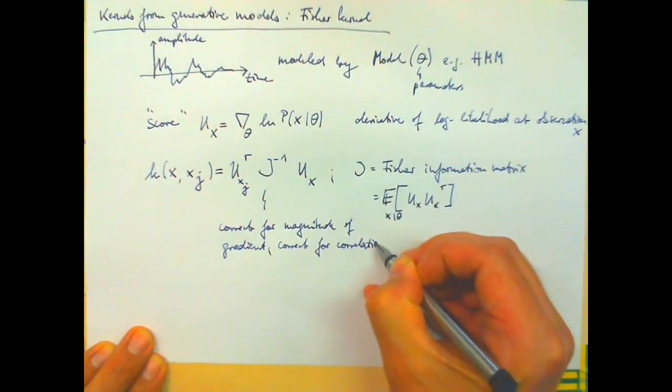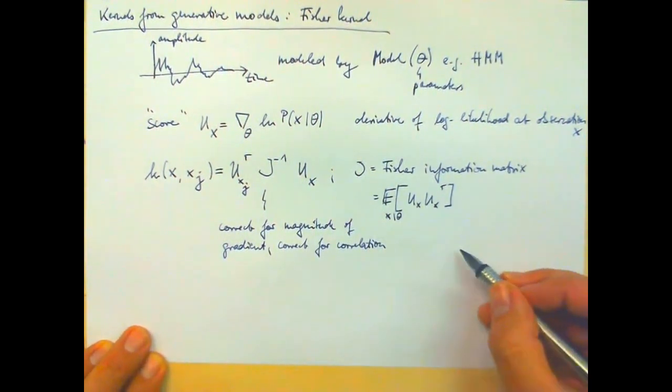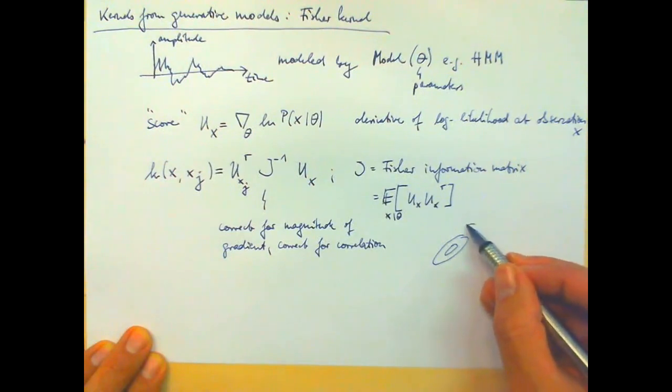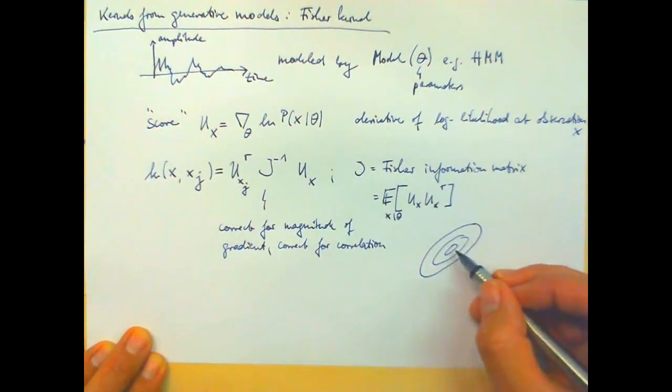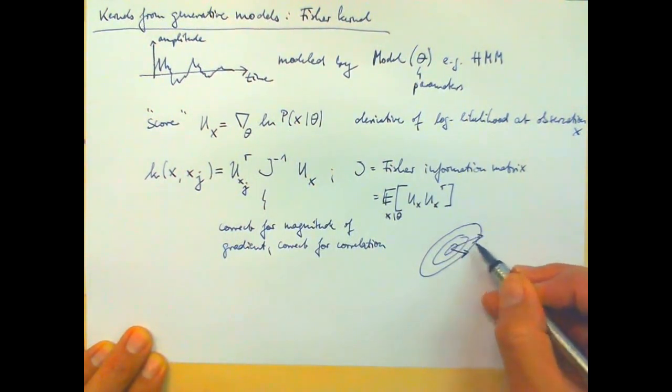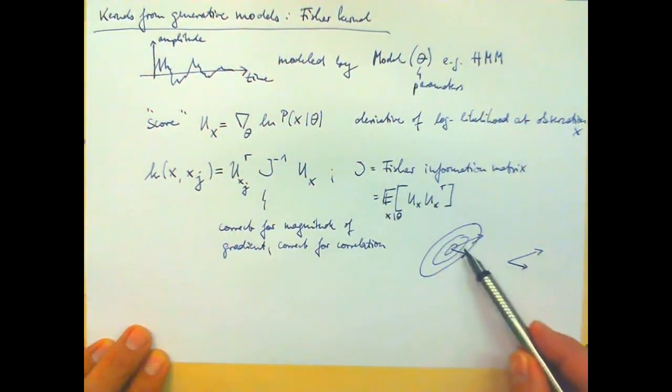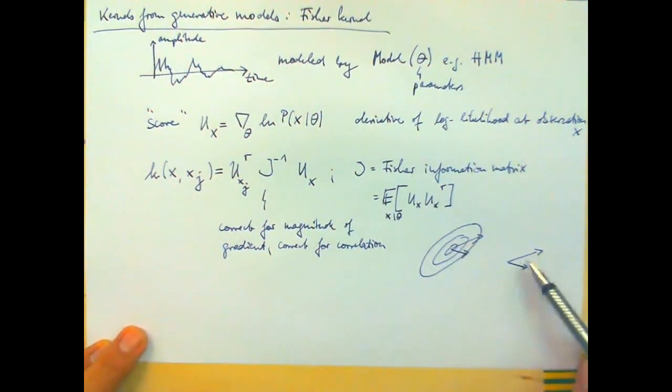So for example, if I represent the Fisher information matrix here as a covariance matrix, normally if I had two vectors, let's say this one and that one, and I ignored this inverse matrix, I would simply take the product between these two vectors, but this matrix tells me how I should scale them before taking their inner product.